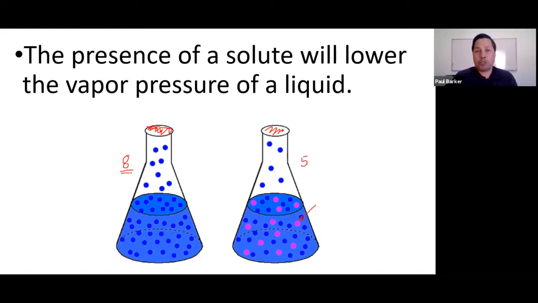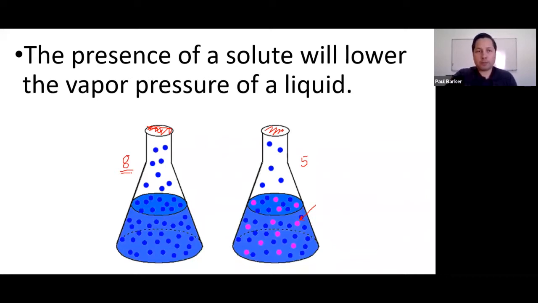So that increases the pressure. On the right-hand side, we have fewer water vapor molecules, so fewer collisions, and therefore less pressure from that water vapor. So adding the solute will reduce the vapor pressure, because there are fewer water molecules above the surface of the water.